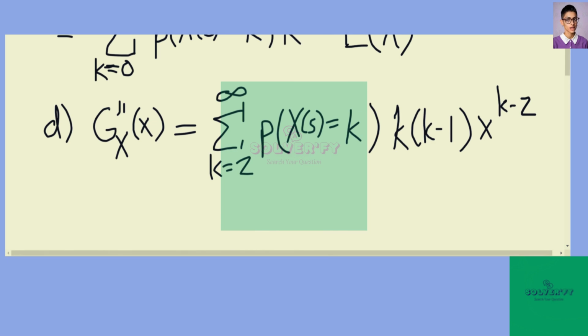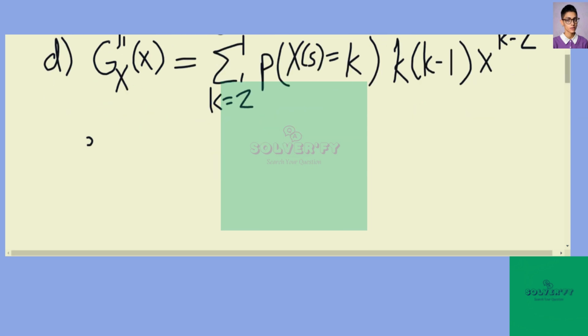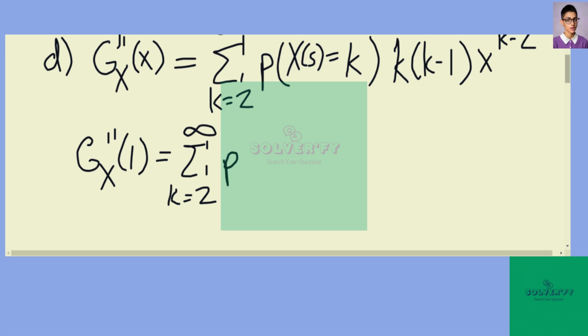So we have that G_X double prime of 1 is equal to the sum from k equals 2 to infinity of the probability that X(s) equals k times k minus 1.